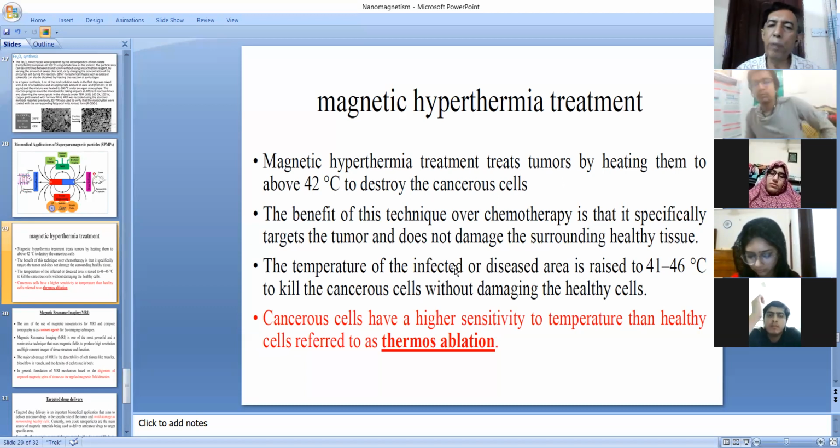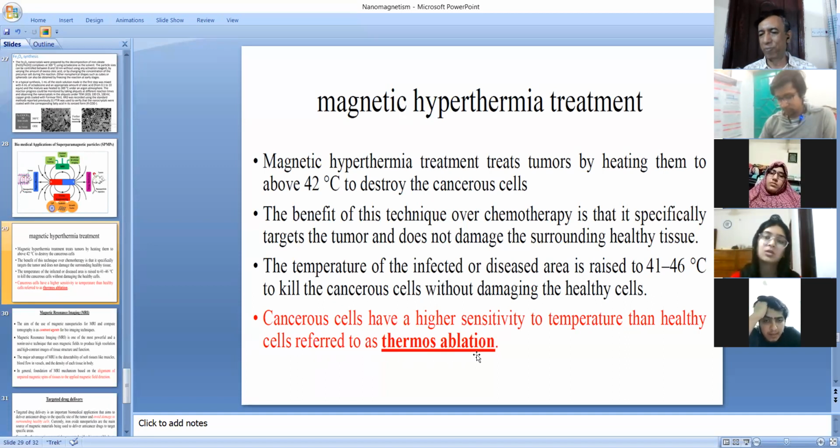The temperature of the infected or diseased area is raised to 41 to 46 degrees centigrade to kill the cancerous cell without damaging the healthy cell.